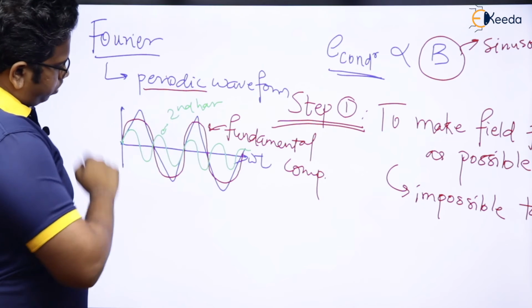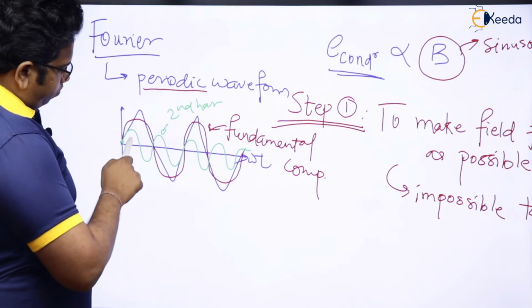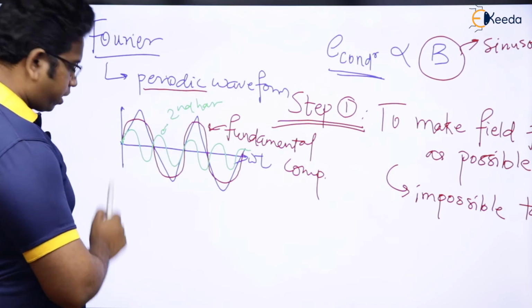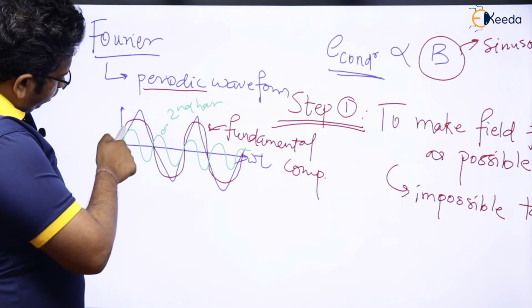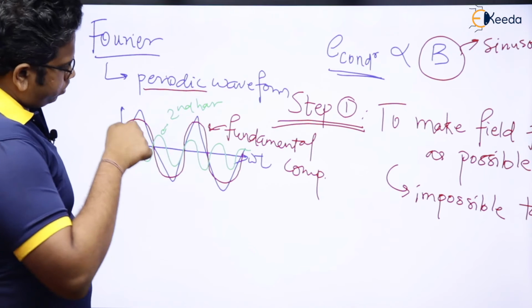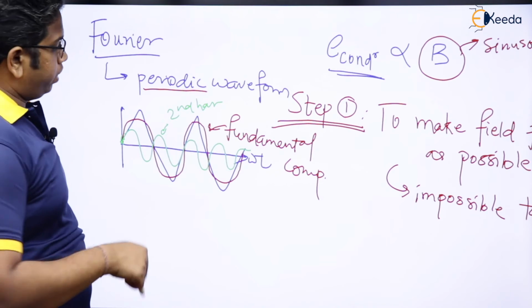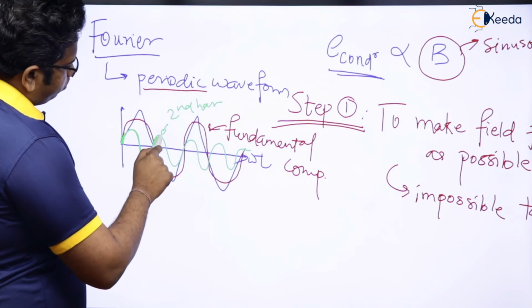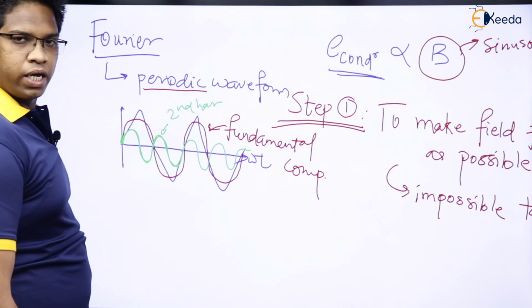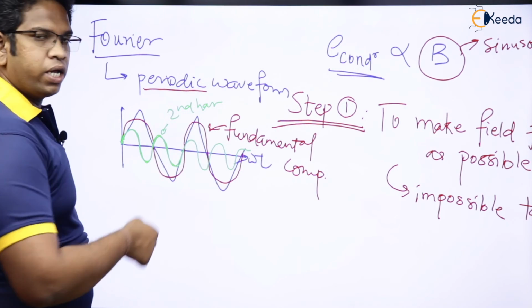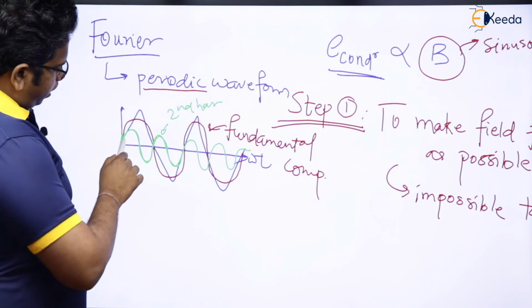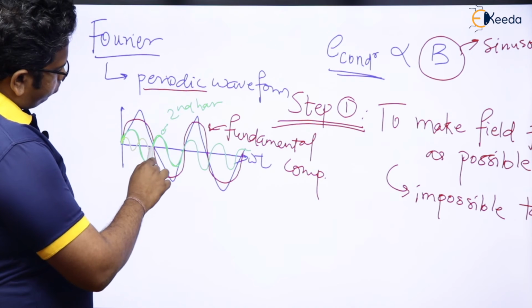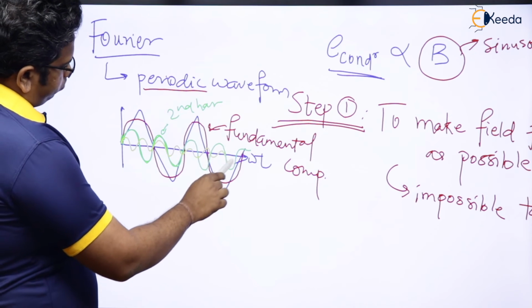See here, when red, which is the fundamental component, completes one cycle, this particular green completes two cycles. So it is called the second harmonic. Similarly, I may have a third harmonic here, and so on.